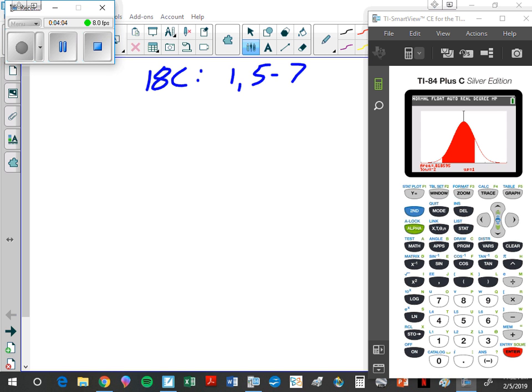So let's look. We don't have 100 draws. Oh no, 25 draws. Okay. So we're looking at the top graph on 322. So you see two x-axes.